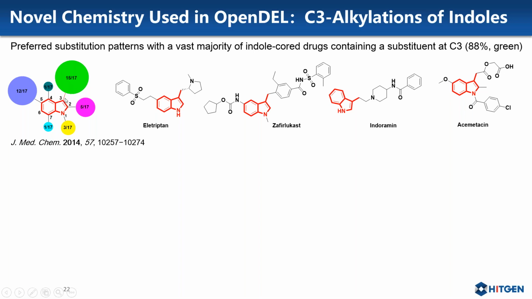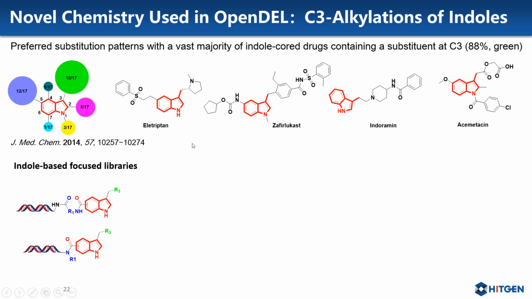It's very interesting that 15 of these drugs contain a 3-position modification on the indole ring, and 12 of them contain modifications at the 5-position of the indole ring. These are just some examples of the drugs. With this, we wanted to cover the chemical space of an indole-focused library.